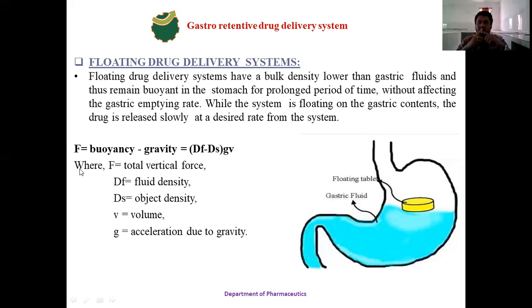When the vertical force increases, the dosage form or drug delivery system will float and be retained at the surface of the gastric fluid. It floats in the gastric fluid for a prolonged period of time. So F is equal to df minus ds into g into V.